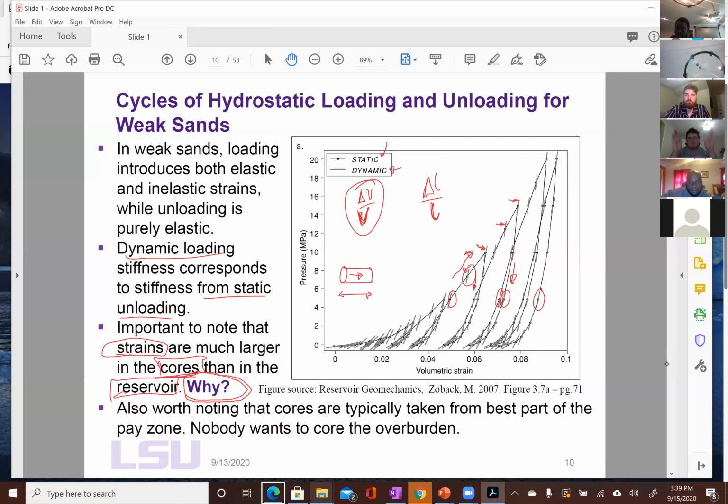A few inches or 1 inch, very small. So you're dividing by a small number, but your reservoir could be on the order of kilometers. So you're dividing by a big number. When you're dividing by a small number, the strain will be much larger. But in the reservoir, you're dividing by a bigger number and the strains are small.